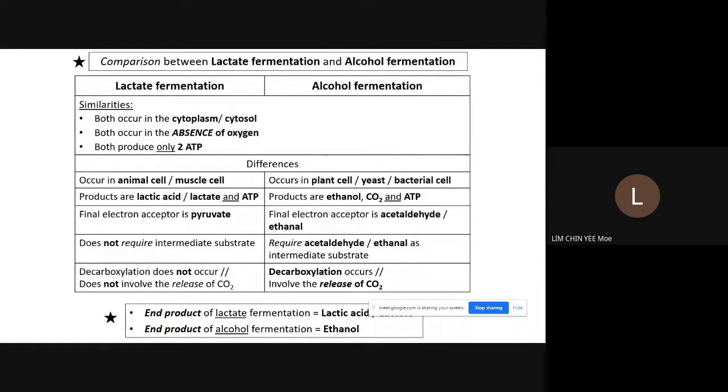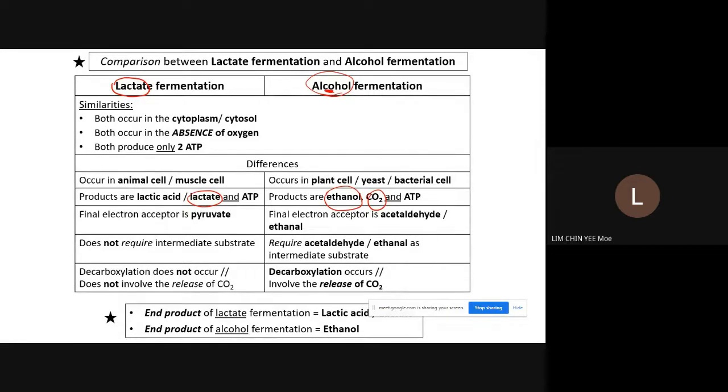If you look at this table, then you can easily tell lactate fermentation products dia lactate. Alcohol fermentation products dia ethanol. Okay, and ingatlah ada CO2, so carbon dioxide. Dia je yang ada carbon dioxide. Lactate tak ada.